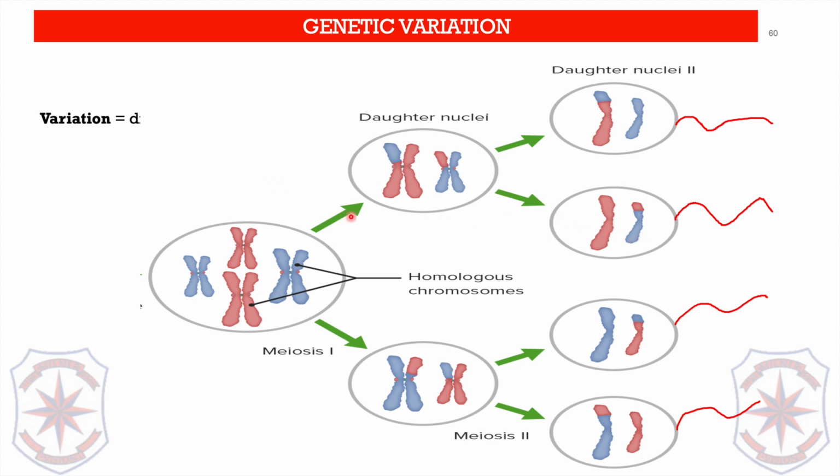We will have a different combination of genes in that child, and that child therefore will express those genes in a different way. So this explains exactly why we show physical genetic variation.